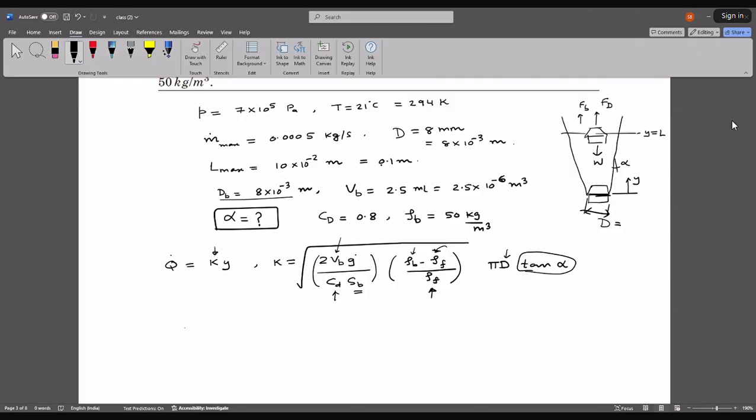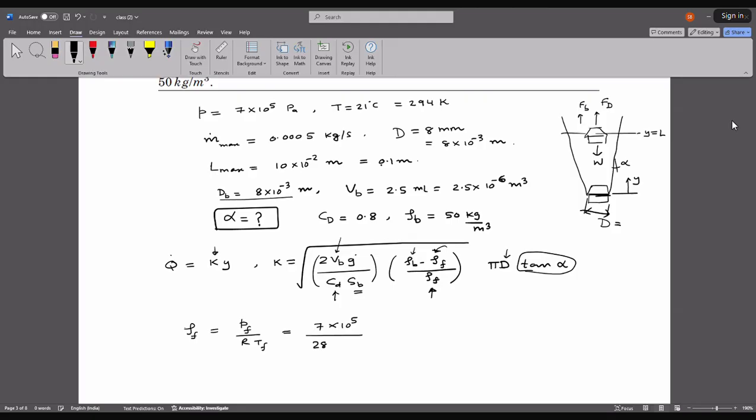So we need to find the density of the fluid as pressure of the fluid divided by R into temperature of the fluid. That is from the gas law, right? Ideal gas equation, P equal to rho RT. 7 into 10 to the power 5 is the pressure.